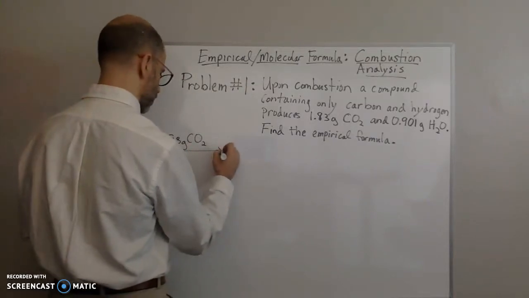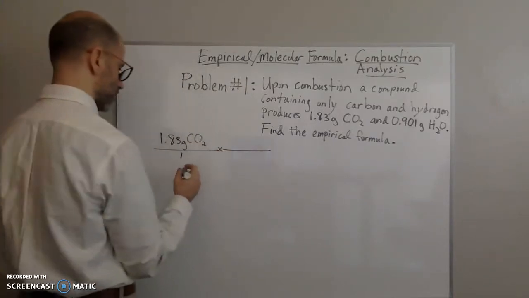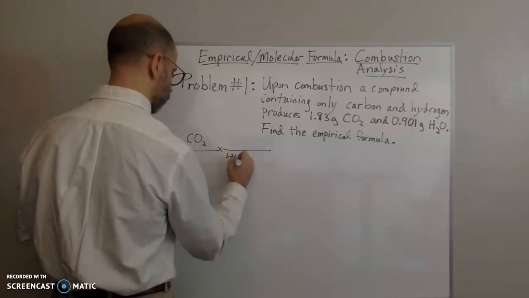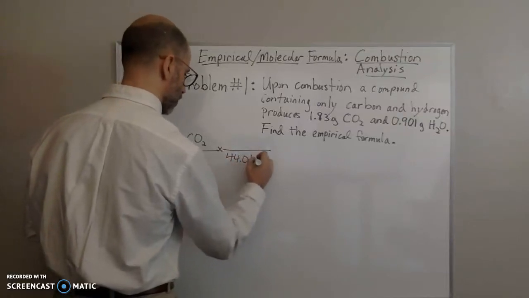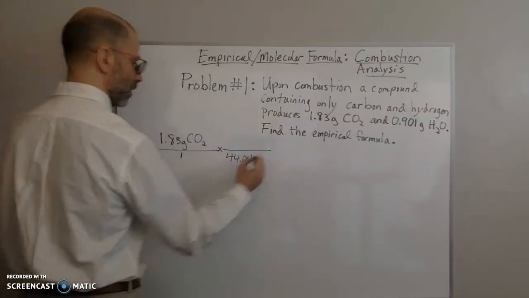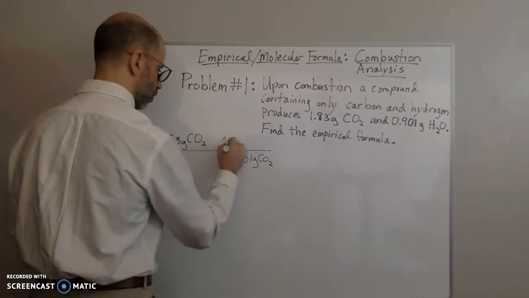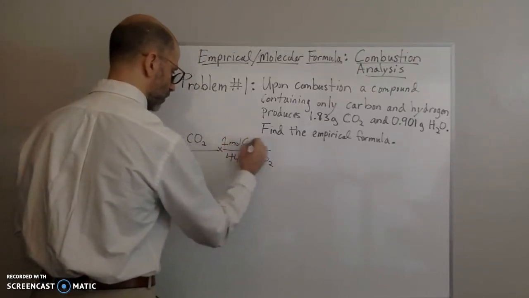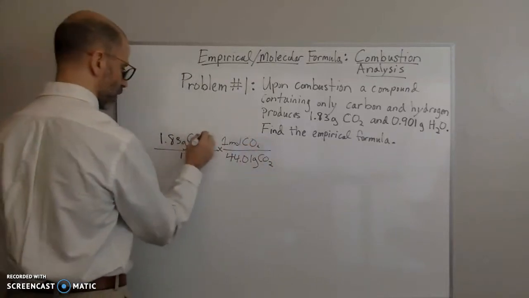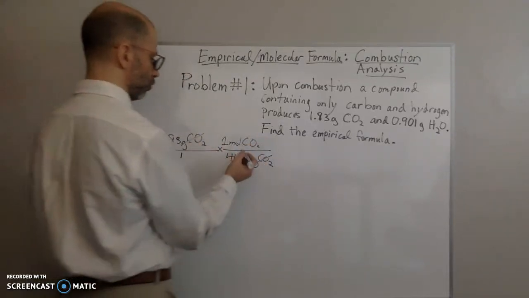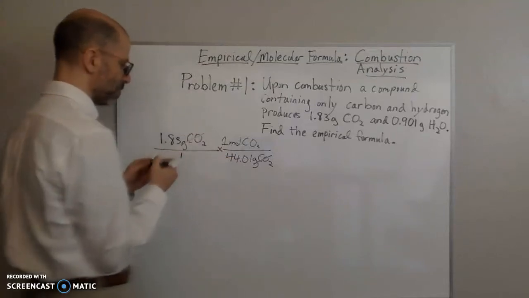I'm going to use the molar mass of carbon dioxide, which comes out to be about 44.01 grams of carbon dioxide under 1 mole. So 1 mole of carbon dioxide is on top. So grams cancel out. So now I have moles of carbon dioxide.